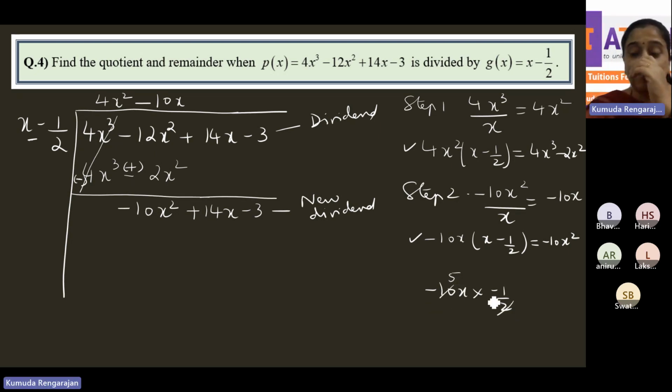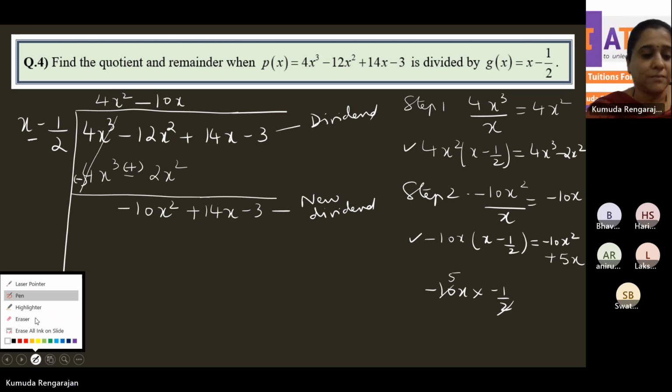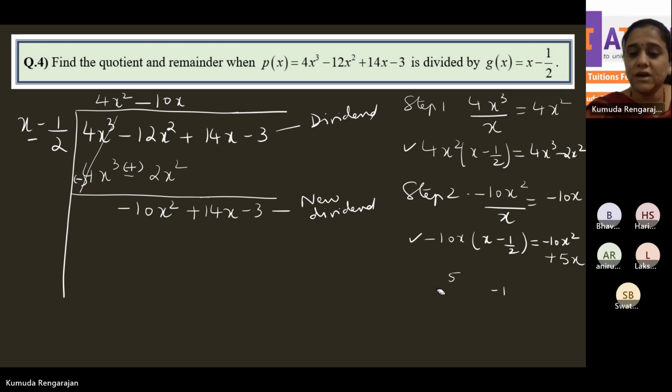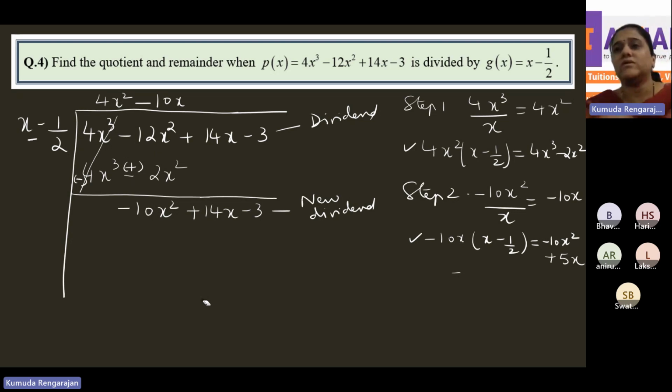Minus into minus is plus, and 10x into half is 5x. Plus 5x. Now write those terms below here: minus 10x squared and plus 5x.